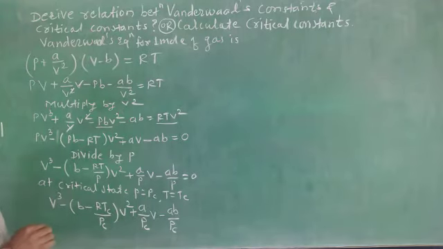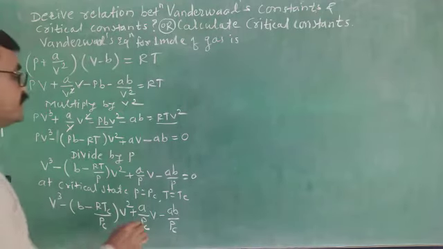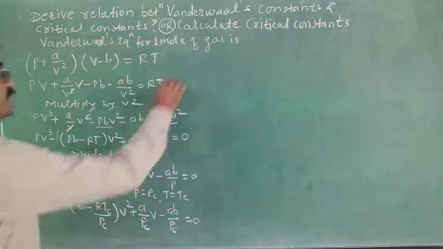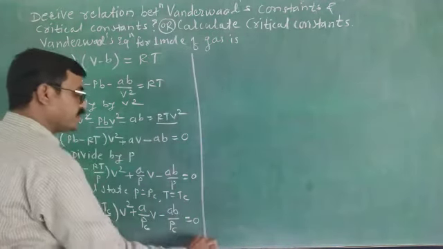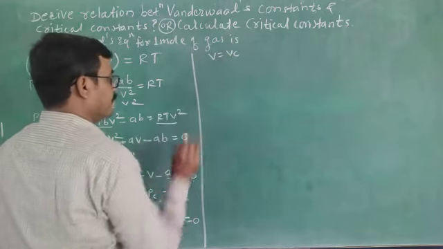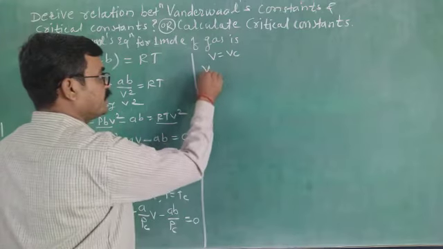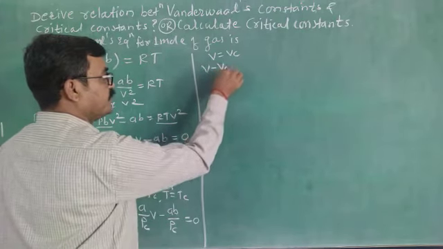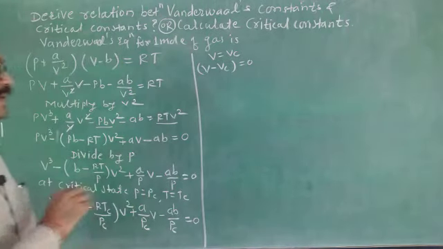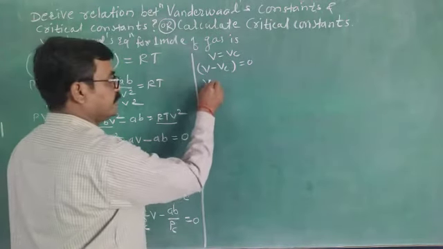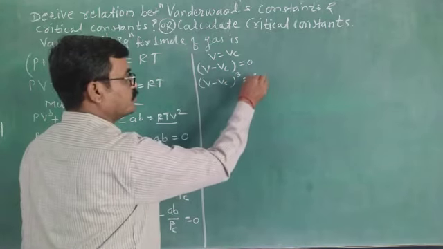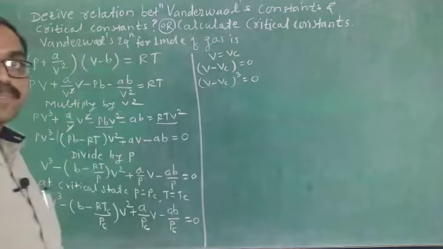Now after this, since the critical state is there, V equals VC. Since V equals VC, V minus VC is equal to 0. Taking cube on both sides, (V minus VC) cube is equal to 0 cube, that is 0.